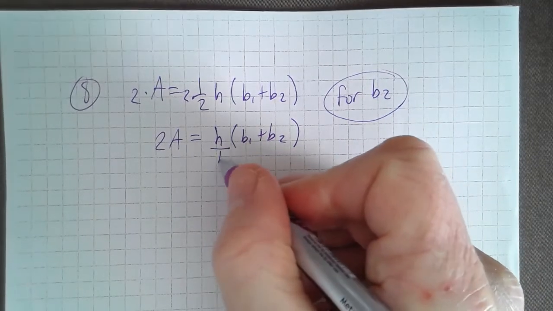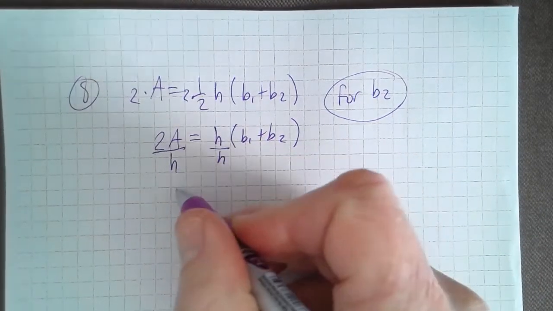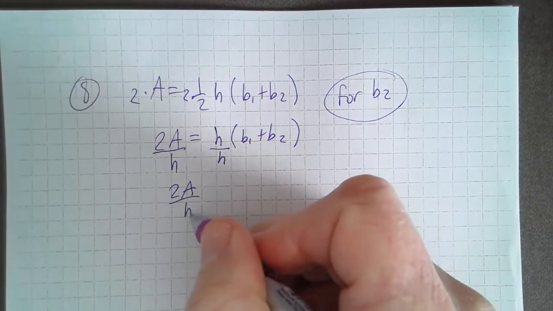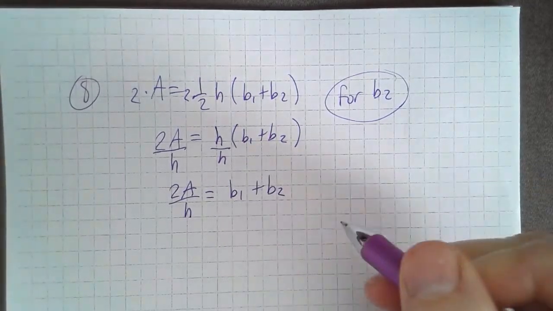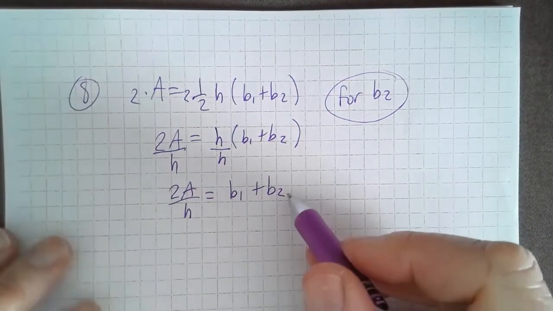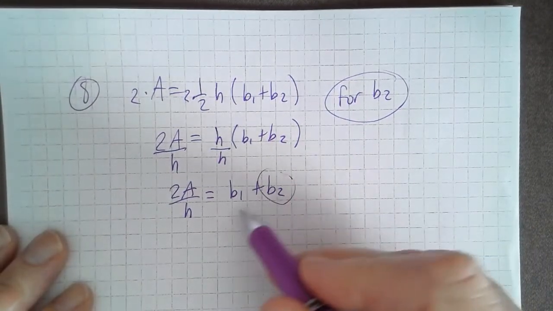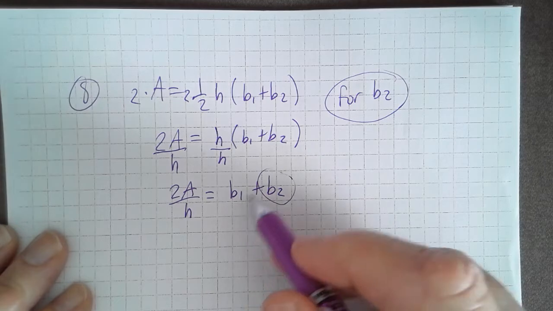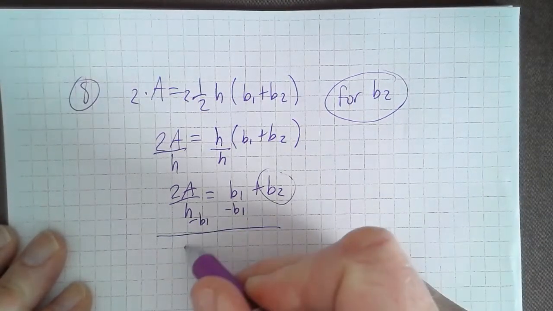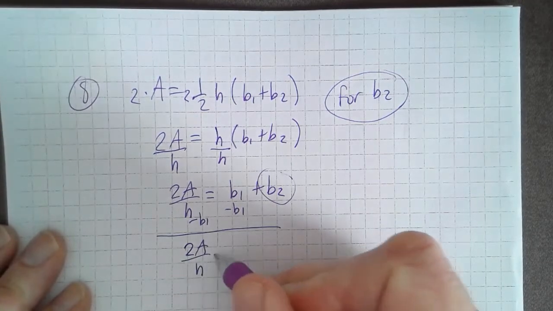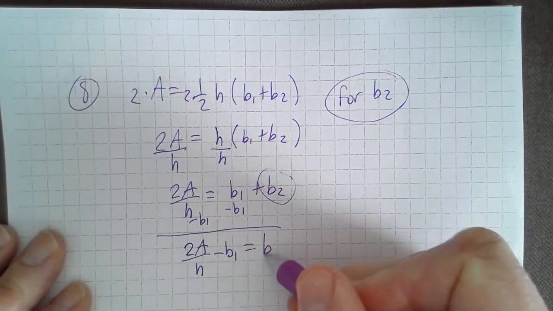So I'm going to divide by h on each side. 2a divided by h is equal to b1 plus b2. I just got to get b2 by itself, so I got to subtract that over, right? So 2a divided by h minus b1 is equal to b2.